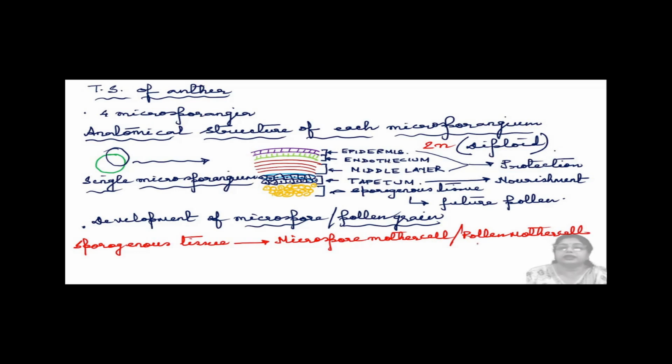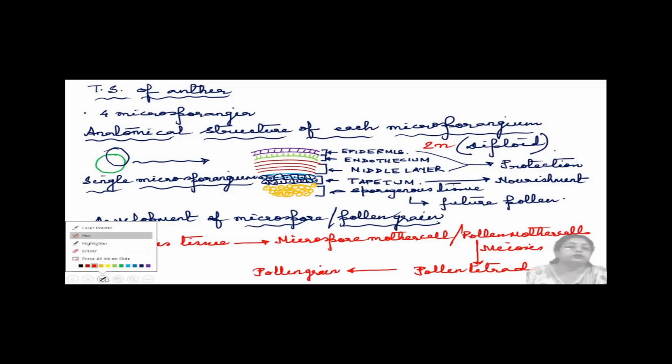Okay. Next, meiosis, pollen tetrad. You know in meiosis how many cells are formed? 4. So a pollen tetrad is formed, and each of them will be called what? Pollen grain. Okay. So this is the easiest part, a flow chart I have given you.